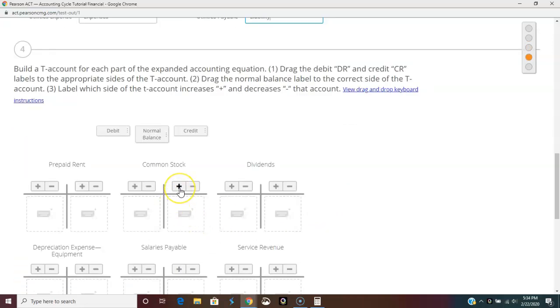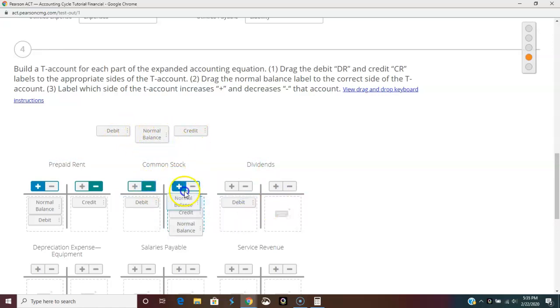Build a T account. We just did this too. Prepaid rent, what is it? It's an asset. Has a debit balance. That's the normal. Credit side is the negative. Common stock's the opposite. Credit side's positive, that's the normal. Debit side's the negative. Dividends, opposite of that. Normal balance is there.